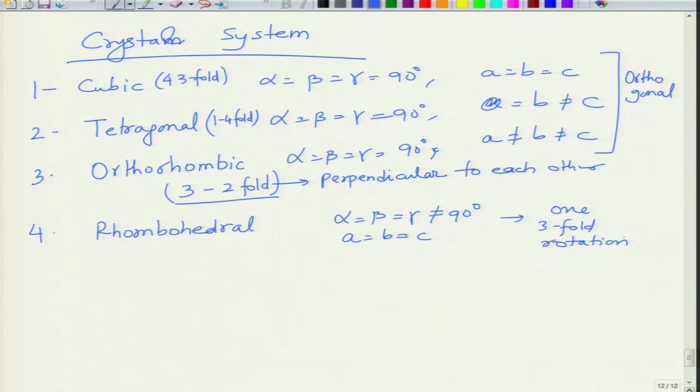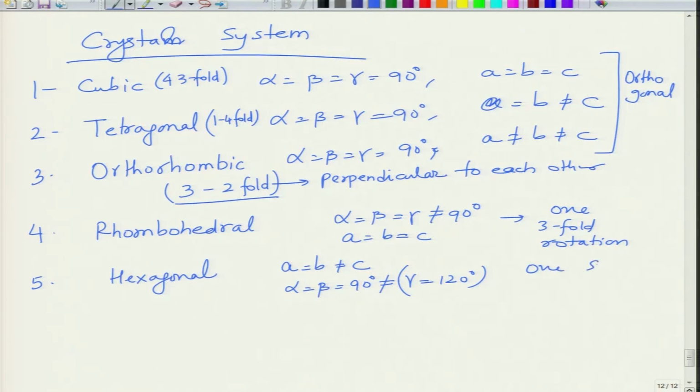Okay, 1 3-fold rotation. And then fifth one is hexagonal. Hexagonal is basically A is equal to B is not equal to C, and alpha is equal to beta is equal to 90 degree is not equal to gamma, which is equal to 120 degrees. Okay, and for this we must have 1 6-fold rotation.